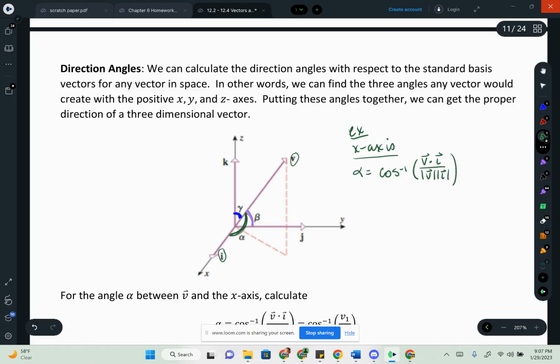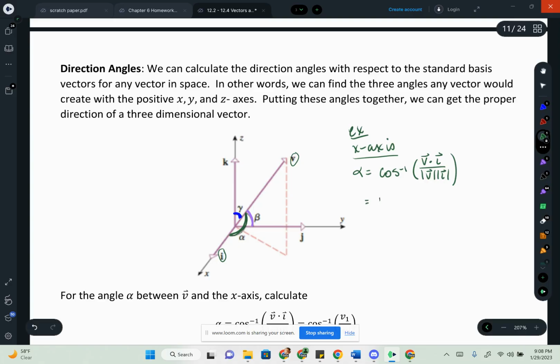i. Okay, but the standard basis vector i hat only has one non-zero component, and that's going to be the x component will be 1, the y component 0, z component is going to be 0 as well. The other thing that the i hat vector has going for it is that its magnitude is 1.